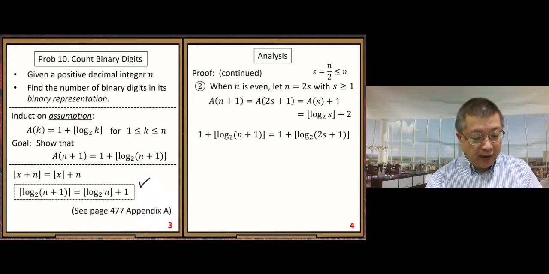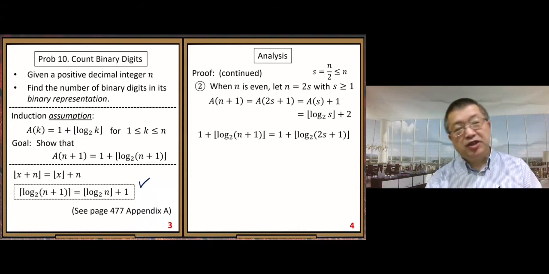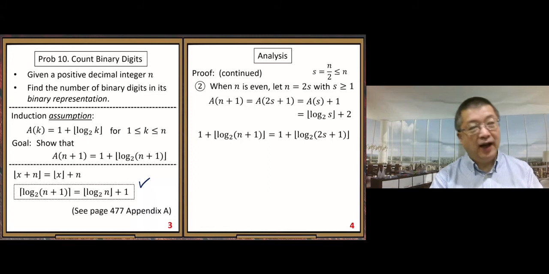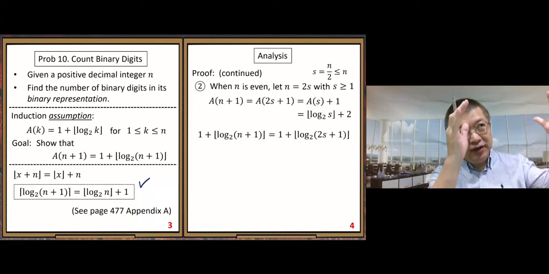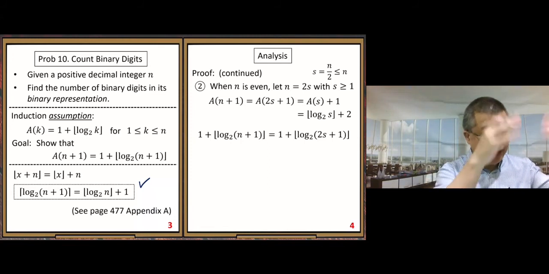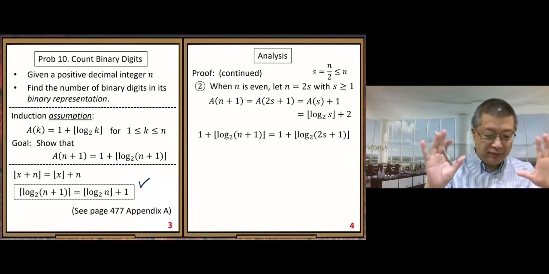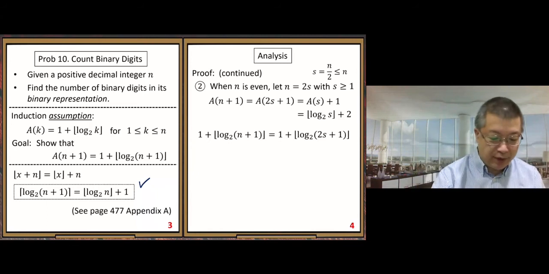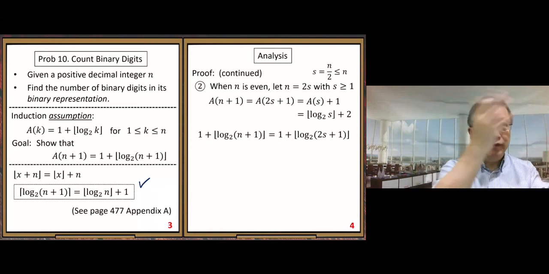Still on page 477, Appendix A. Look at that. The ceiling function on the left-hand side, with parentheses n plus 1, and on the right-hand side the floor function of log base 2 of n, with a plus 1 outside the floor function.